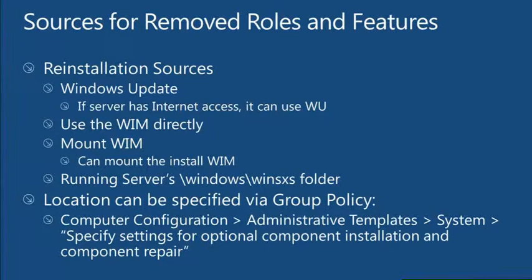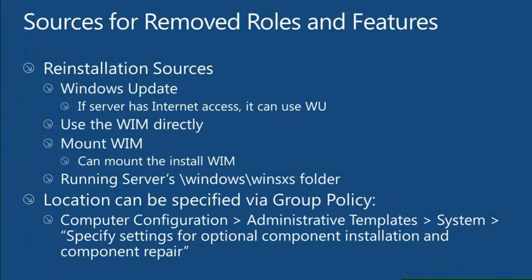And then if you want to reinstall a role or feature, there's a variety of sources you can use. So you can use Windows Update. If your server has an internet connection, it will go out to Windows Update and be able to pull down the role or feature you're trying to install. You can point to the WIM file. So on the DVD, under the sources folder, there's a file called install.wim. That's where it gets all the components and binaries from. So you can point to that.